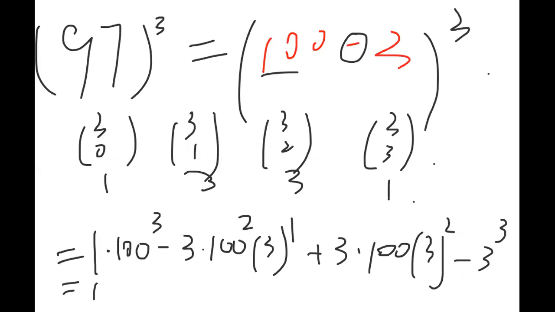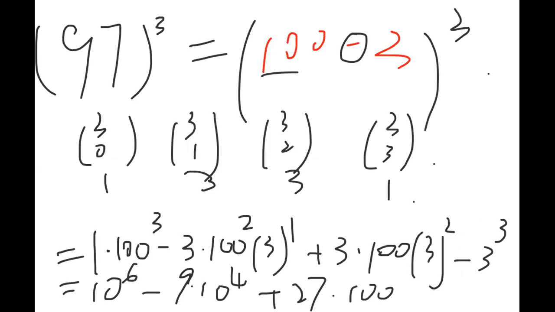So 100 to the third is 10 to the sixth power, minus 3 times 3 is 9, so 9 times 10 to the fourth power. 3 squared times 3 gives 27 times 100, minus 3 cubed, which is 27.